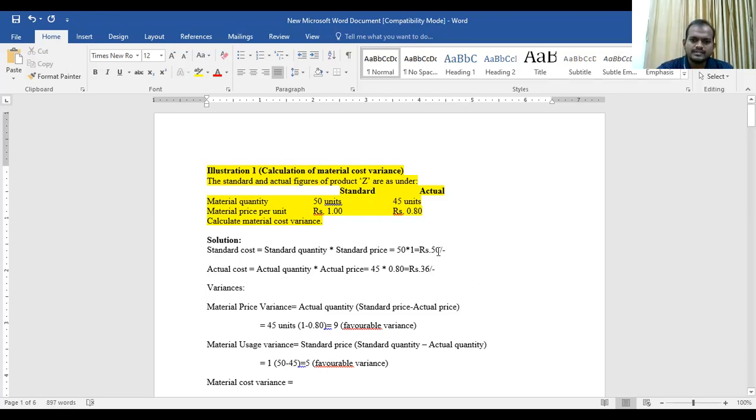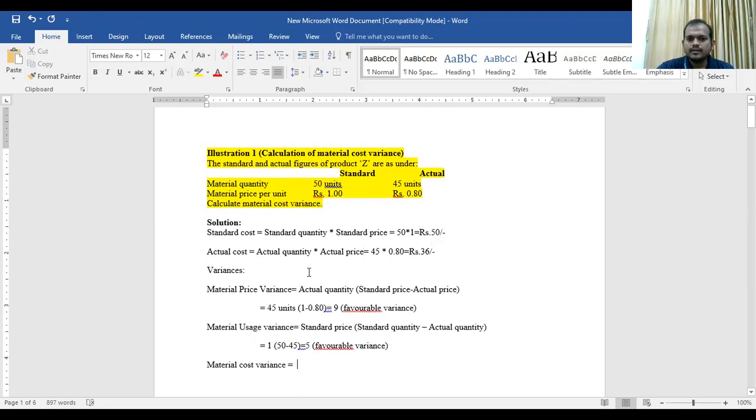So here itself, we can simply say the difference is 14, right? Standard cost, estimated cost, 50, but actually how much we spent? 36 only. It means 14 rupees we have as favorable variance.